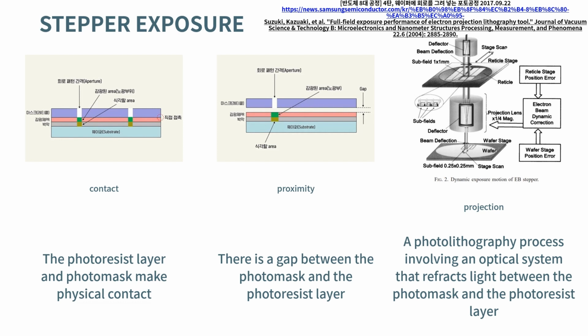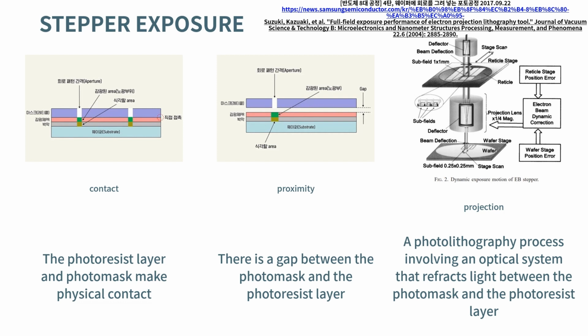Proximity exposure, on the other hand, involves exposing the photoresist with a small gap, preventing contamination. However, it results in reduced resolution due to the formation of shadow. Projection exposure utilizes an optical system that reflects light between the photomask and the photoresist layer.